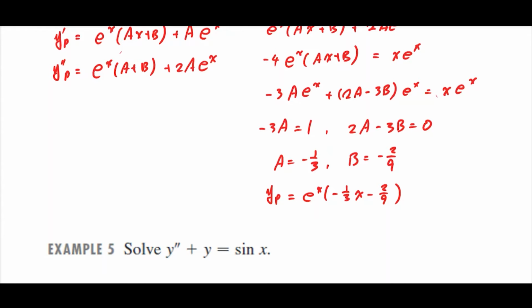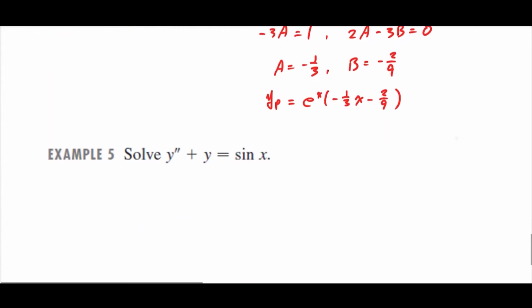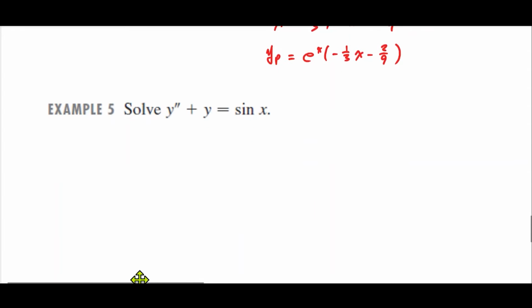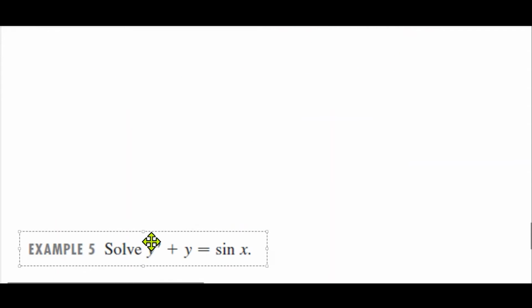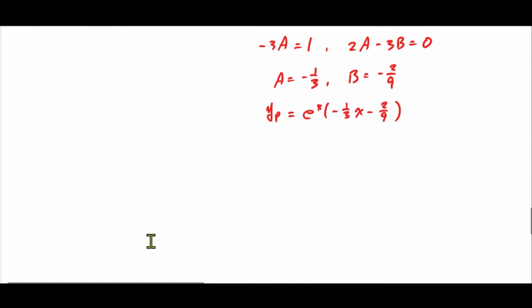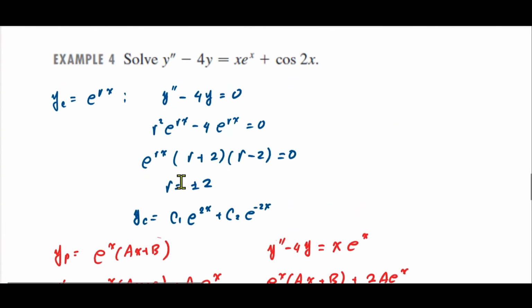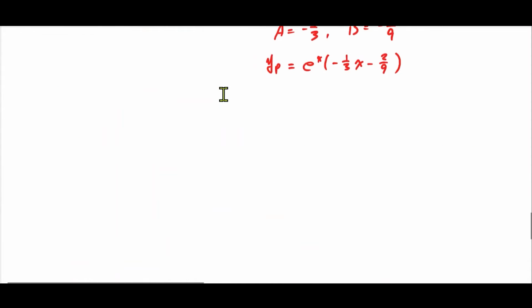Now what we are going to do is, I'm going to push this thing down. What we are going to do is the second equation, which was cosine 2x. So we are going to solve y double prime minus 4y is equal to cosine of 2x.